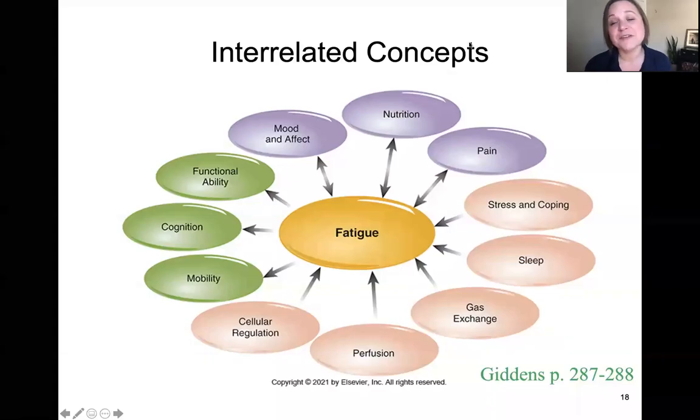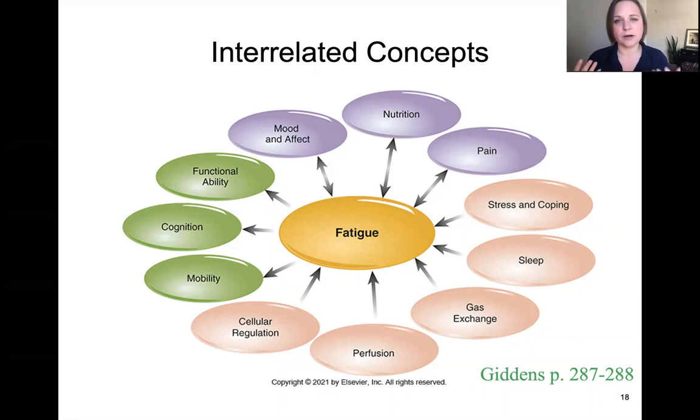Now, there are a number of interrelated concepts when we're talking about fatigue. All of these things really play into how we feel and our energy level and our vitality. Things like our nutrition and mood, our ability to function and have good cognition, our perfusion status, gas exchange, sleep, stress, and coping all interplay into this idea of fatigue.